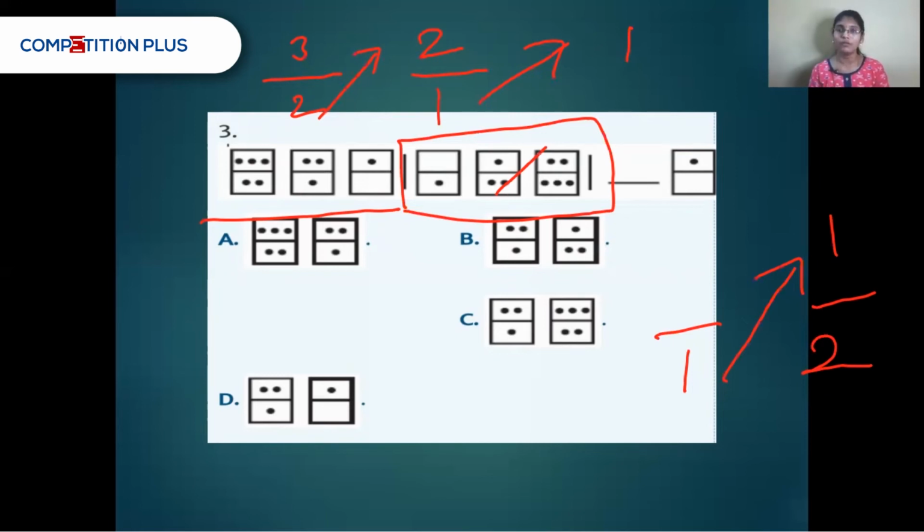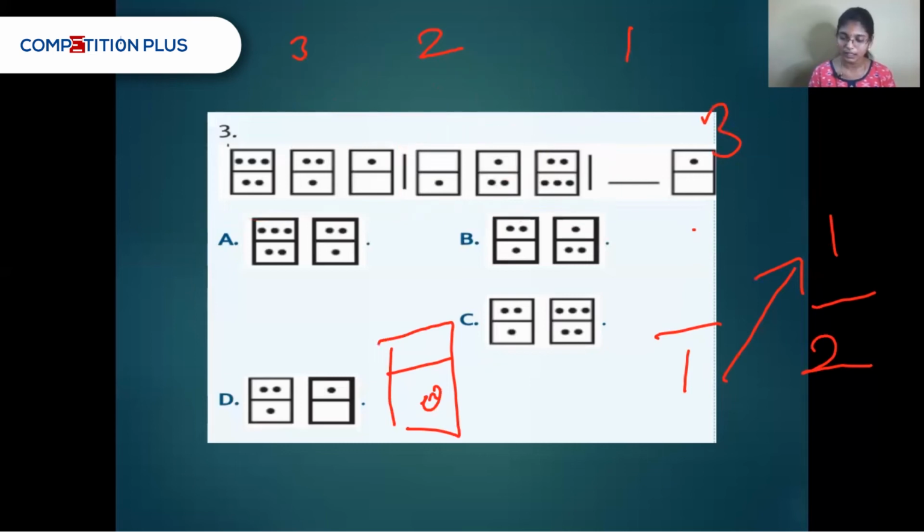Now let us frame for the missing term. This is the third box given here. So you have to find the first 2 boxes for the missing term.